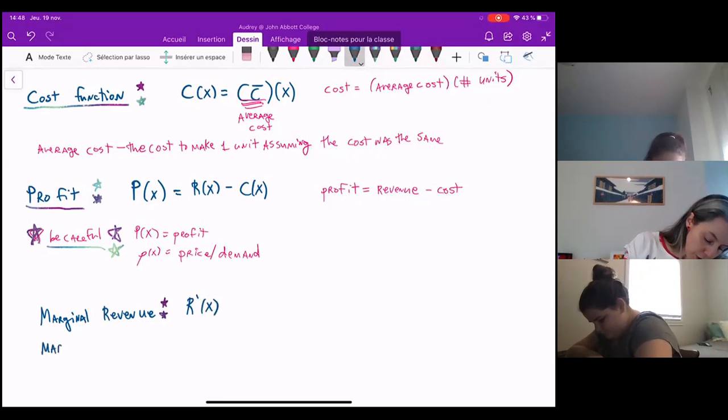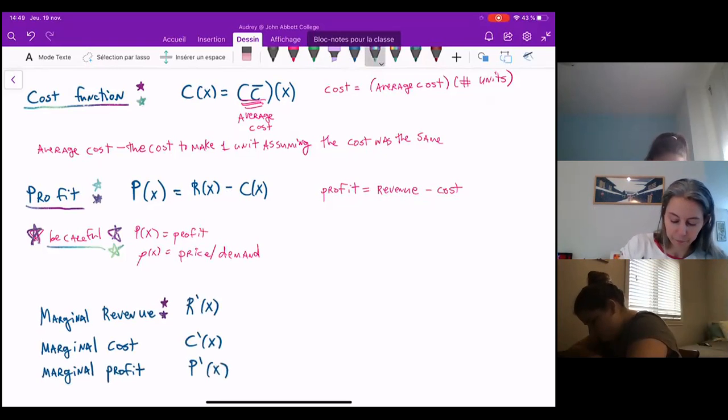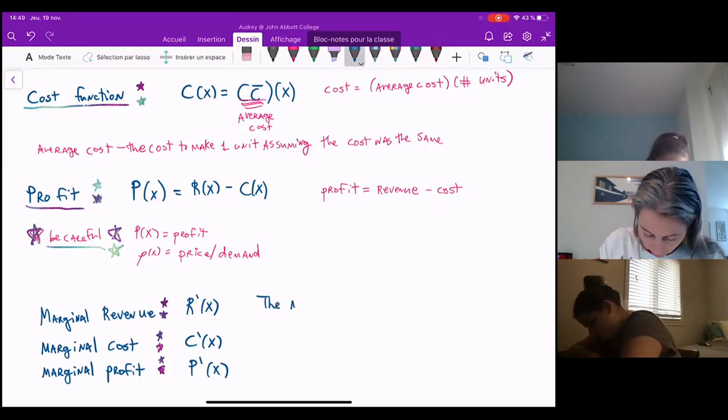And marginal cost would be C prime of x. And marginal profit would be big P prime of x.